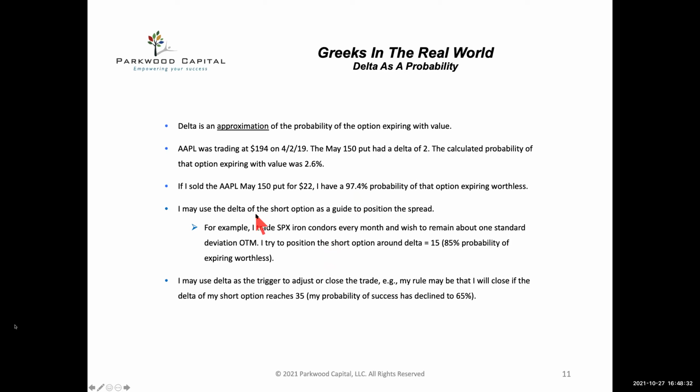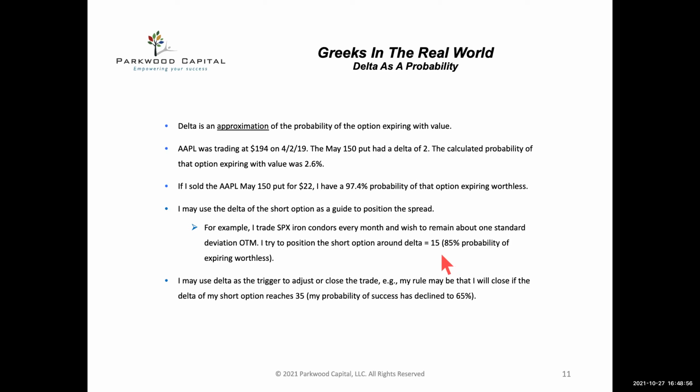Now, I can also use that delta of the short option to position a spread. Because again, if you're thinking about it and you're saying, I really want to trade where I've got a pretty high probability of success. And so let's say you're thinking that I really want to be about 1 standard deviation out of the money. Well, 1 standard deviation is about an 85% probability, closer to about 84%.